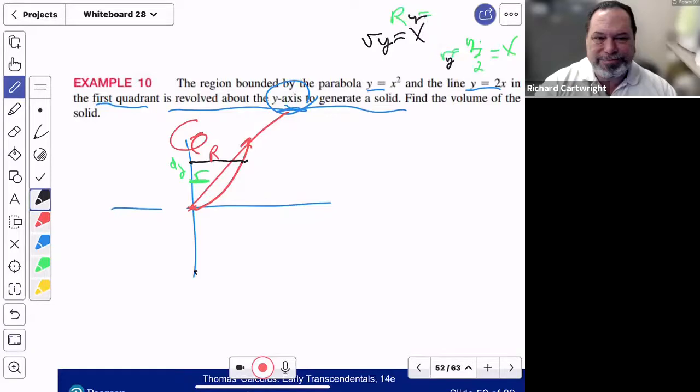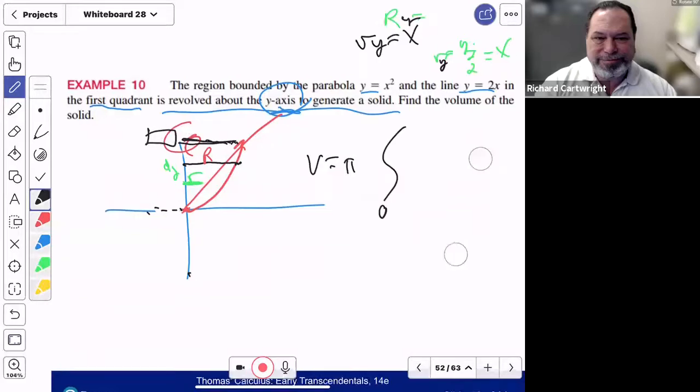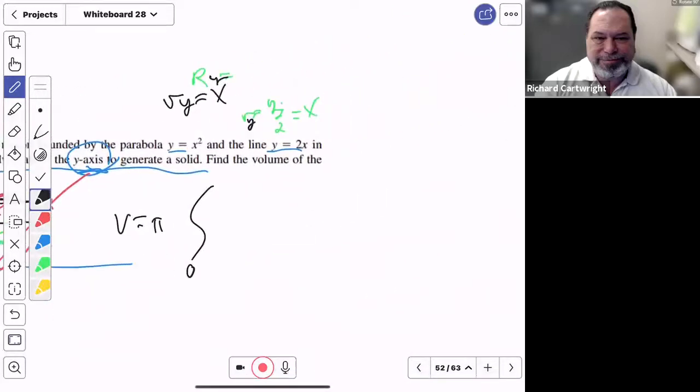So here goes. Volume will be pi from, I need the y values. Obviously, this one's a 0. What is this y value, and how would I get it? Same thing. Set those equal to each other.